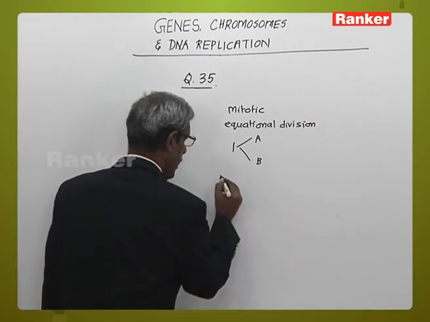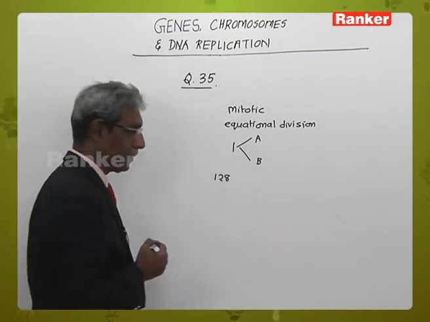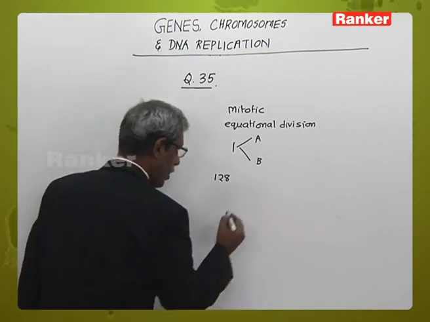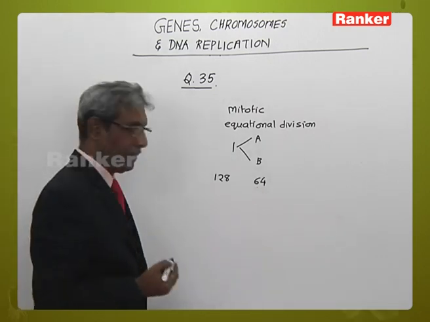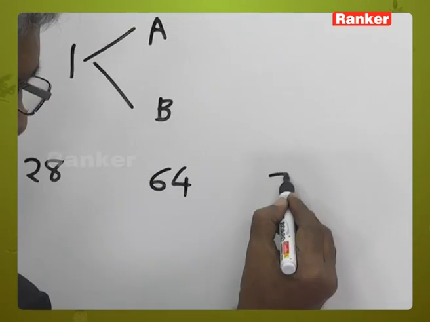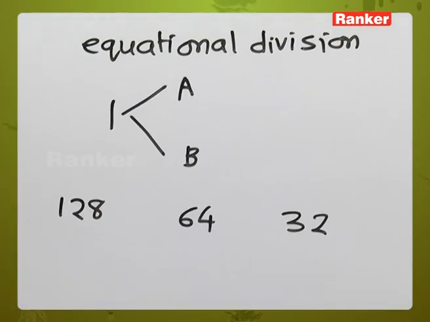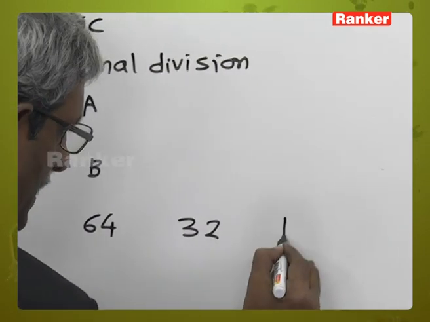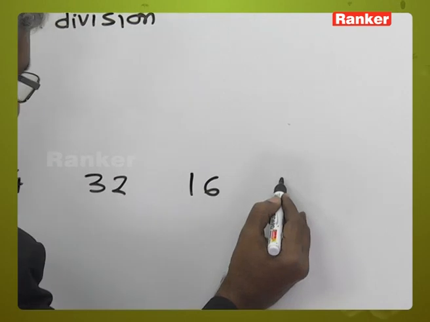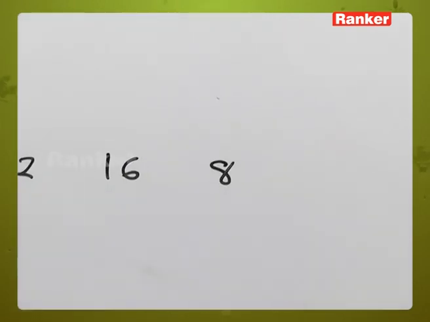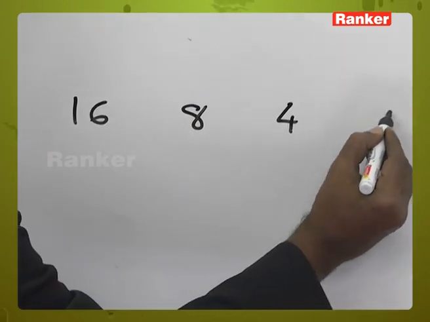If we had 128 cells, 128 would have come from 64 cells. 64 cells you could get from 32 cells. 32 you could get from 16 cells. And 16 cells from 8 cells. And 8 cells again from 4 cells. And 4 from 2.